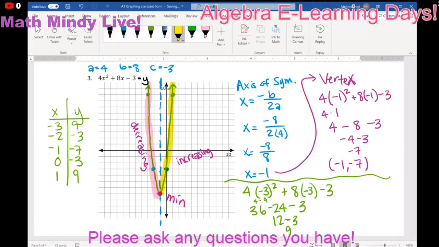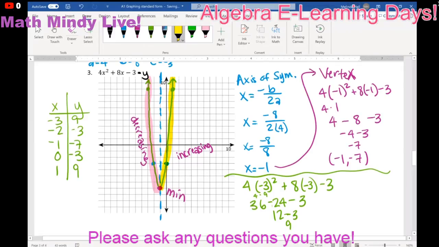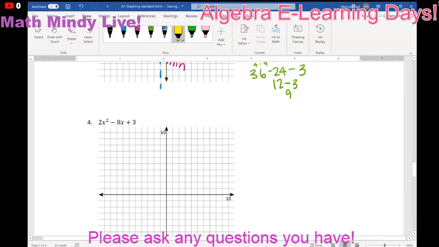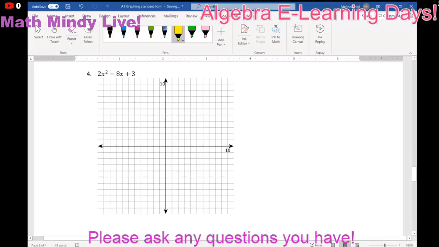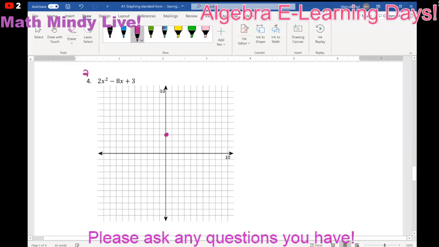Okay. All right. So from there, if we had another one, we can use the y-intercept to kind of guide our first step if we want to. And then we can also picture, because your A is a +2, that it is going to have a minimum because it's going to open up like that. Our A in this case would be 2, our B would be -8, and our C would be +3.